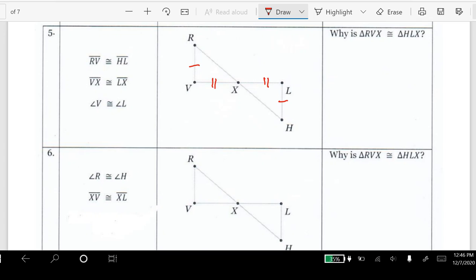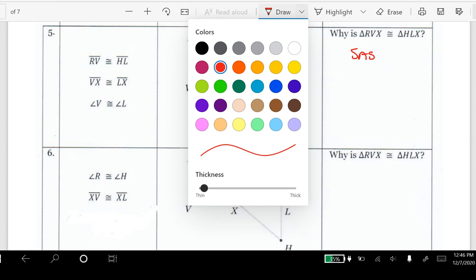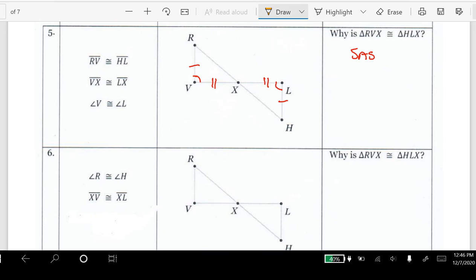And we're given that angle V is congruent to angle L. At this point, if we use solely what was given here, we could say SAS. But hopefully some of you are thinking outside of the given, and you know that these 2 angles here would also be congruent. Let me put the 2 marks here. The reason these would be congruent is because of vertical angles.